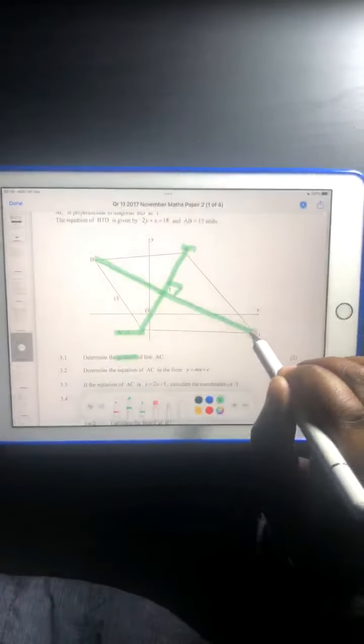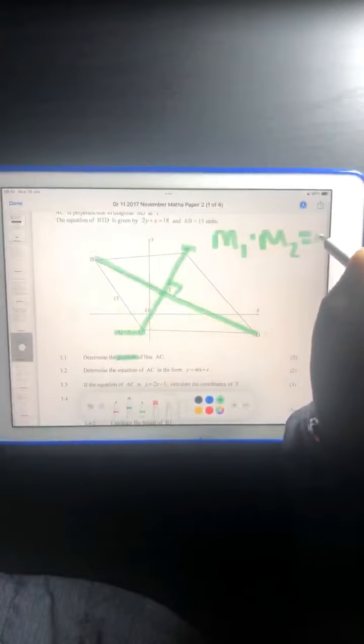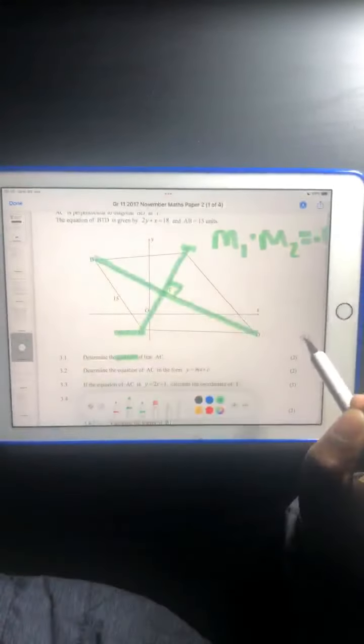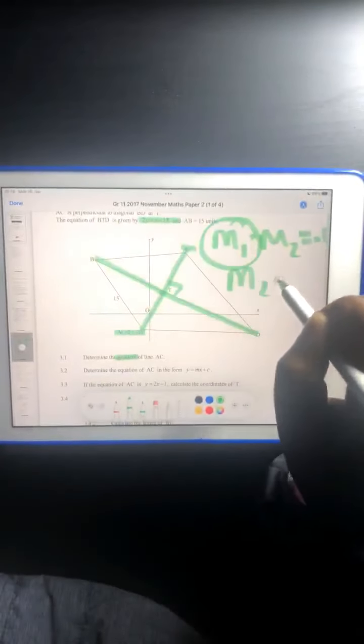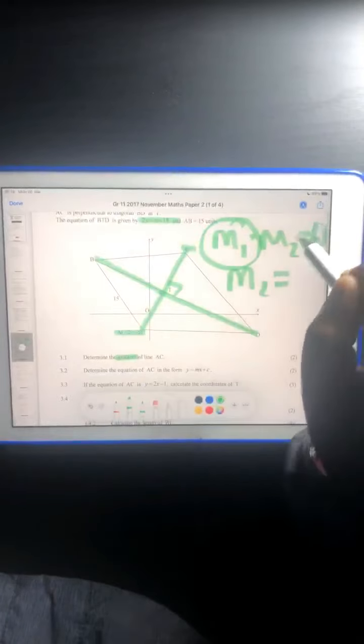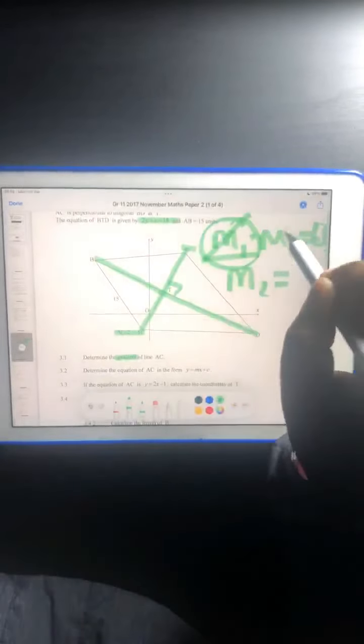And we said the gradient 1 times gradient 2 will be equal to -1. The gradient of that line times that line will give you -1. So can you see, from that formula, you can find the gradient of that line. Then you substitute it there. Then you say the gradient of this line, which is gradient 2, is going to be equal to -1 divided by the gradient of that line so that it cancels and you remain with it.